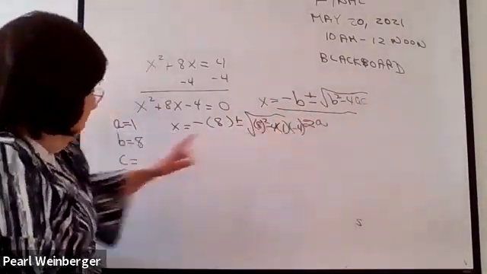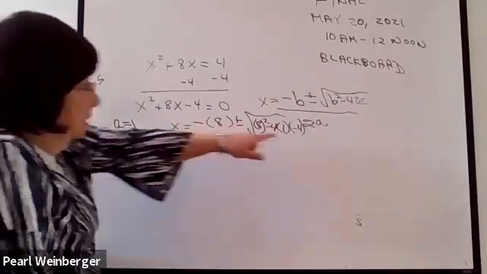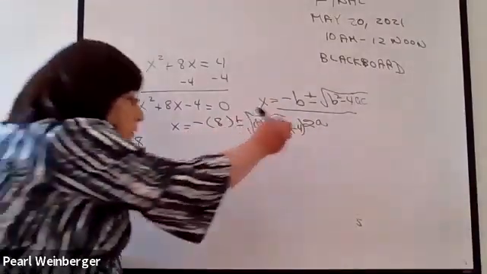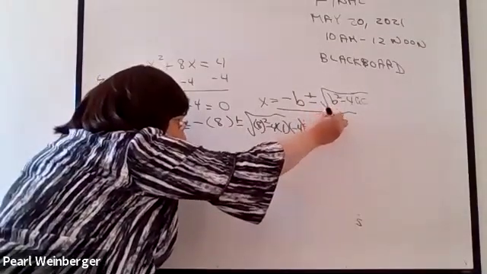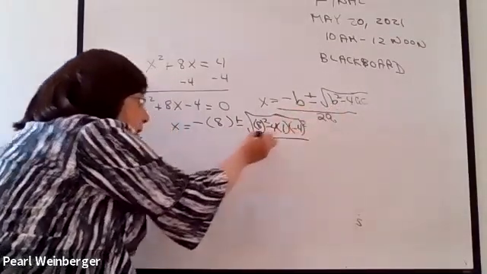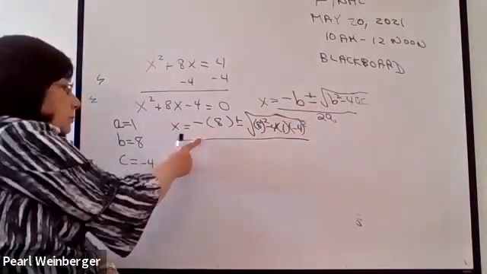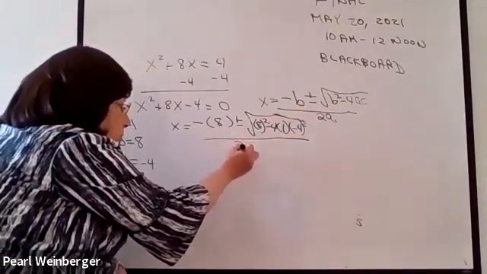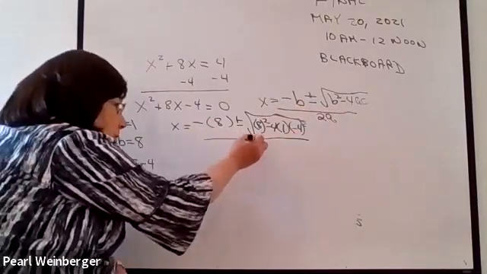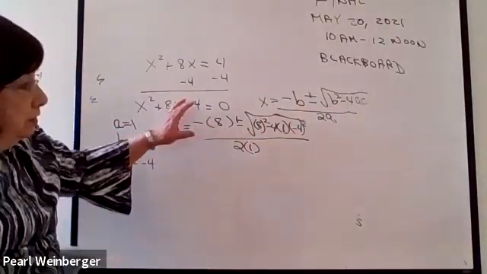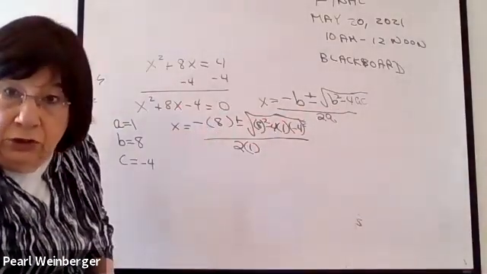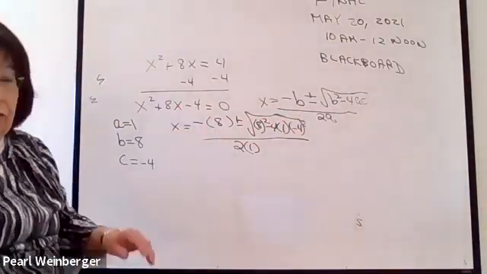My a is 1 and my c is -4. And that's all over 2a, so 2 times 1. Okay, so far okay? All I did was I substituted into the formula.